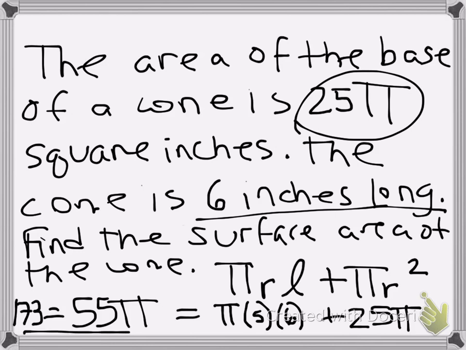So either way, I would accept 173 or 55 pi, and then we're going to label that. It says inches, so this is inches squared because our answer is an area.